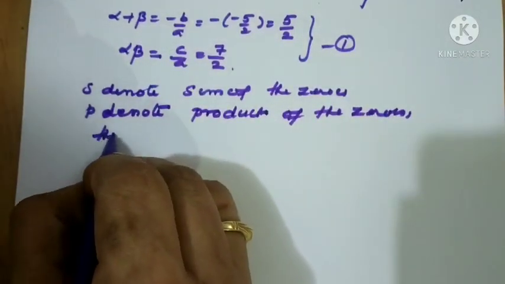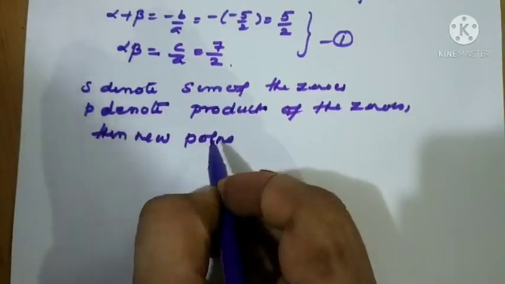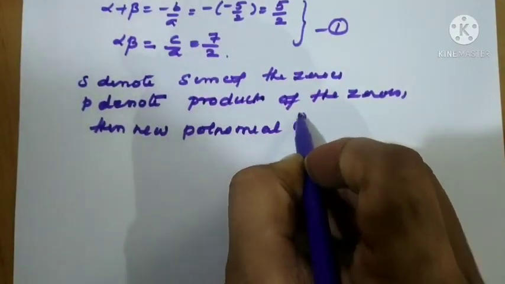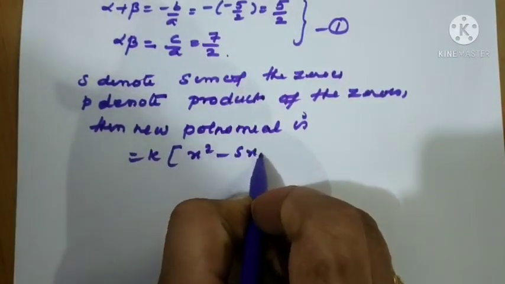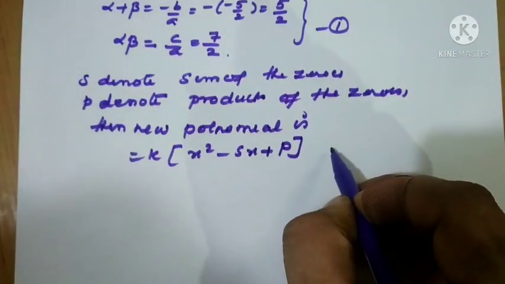Then the new polynomial is k into x square minus sx plus p, where k is a constant.